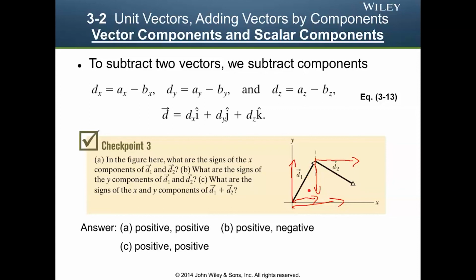But you can see that the first y component, of the D1 vector, is longer. So when you subtract this, there's still a positive portion here. If you subtracted that piece from this, it would end up about here. So this would still be in a positive direction, and that's why this is positive. Hopefully that makes sense.